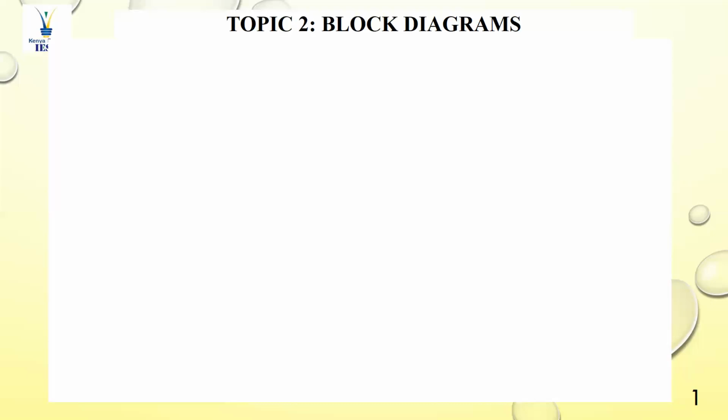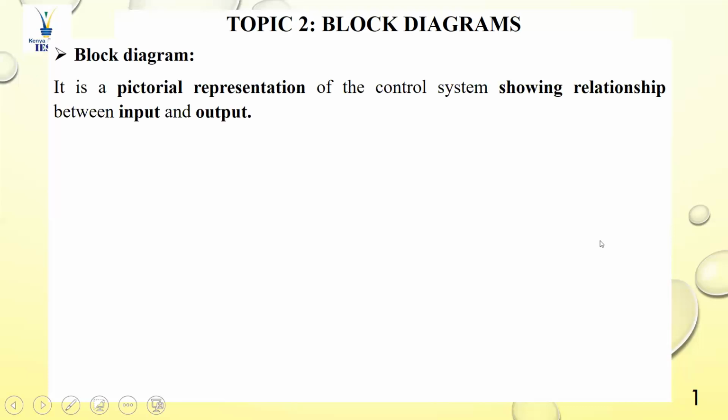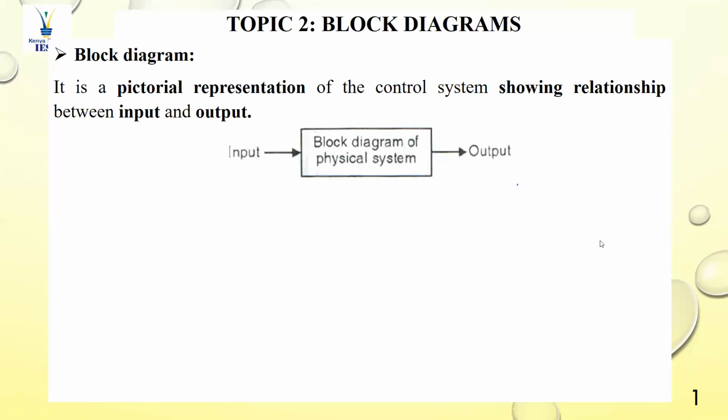To define it, a block diagram is a pictorial representation of the control system showing the relationship between the input and the output.